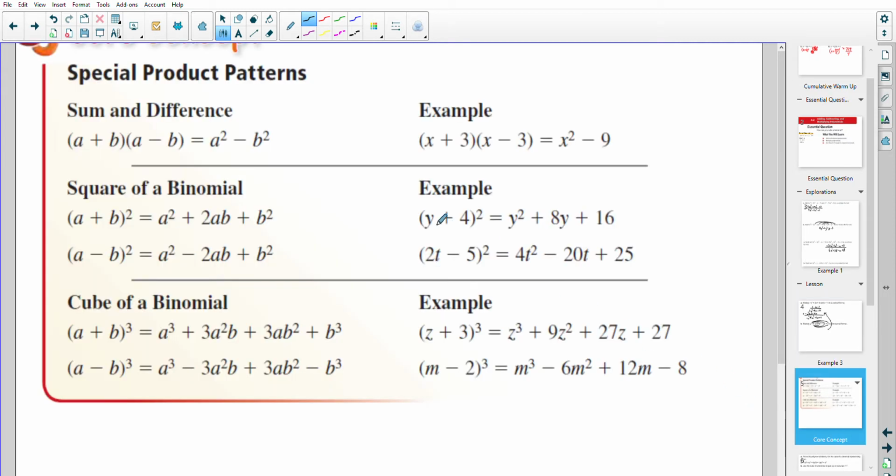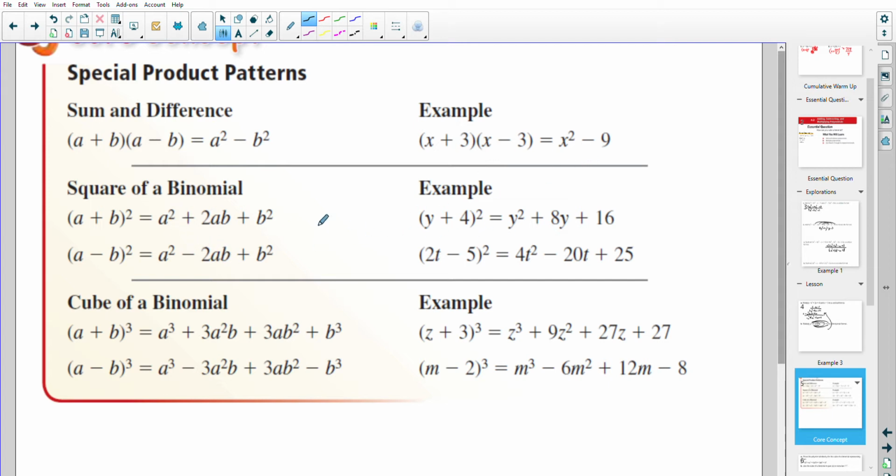Now, the second idea on multiplying is to follow some patterns. This is a difference of binomials, and you're going to end up with a squared minus b squared, and here's an example.